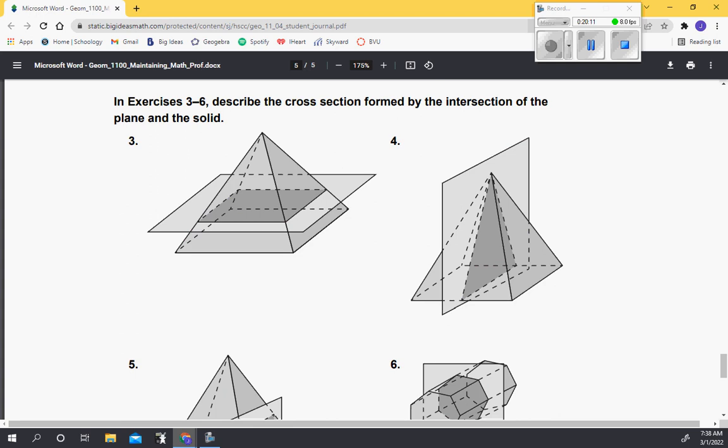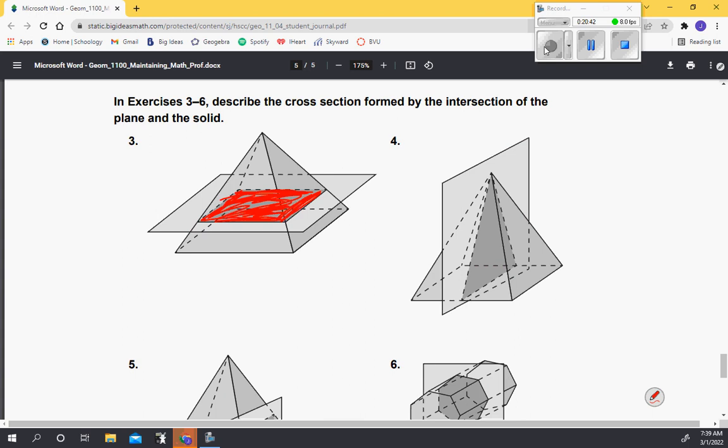Describe the cross-section formed by the intersection of the plane and the solid. So all we're looking at is what shape is formed by the cross-section. What shape is this? If a rectangle went through a pyramid, which is what we have here, what shape do we have?